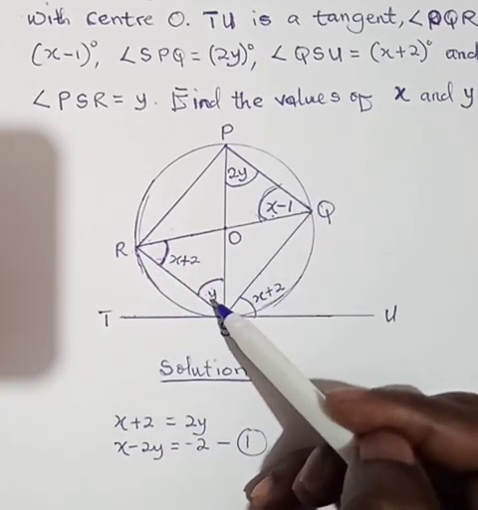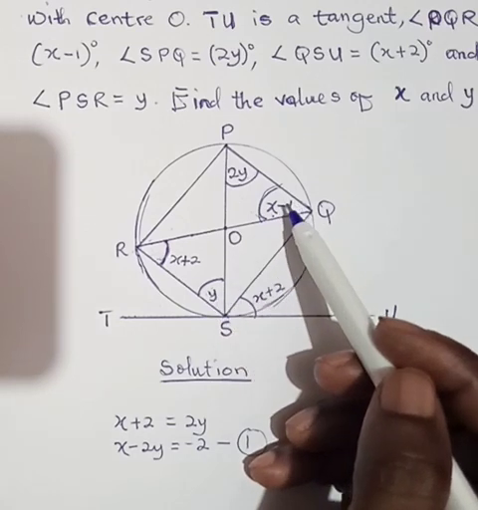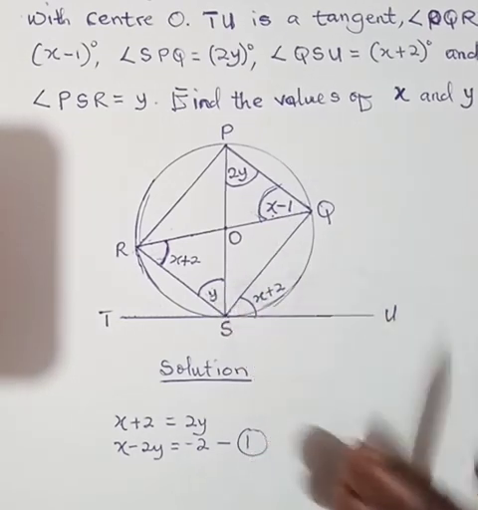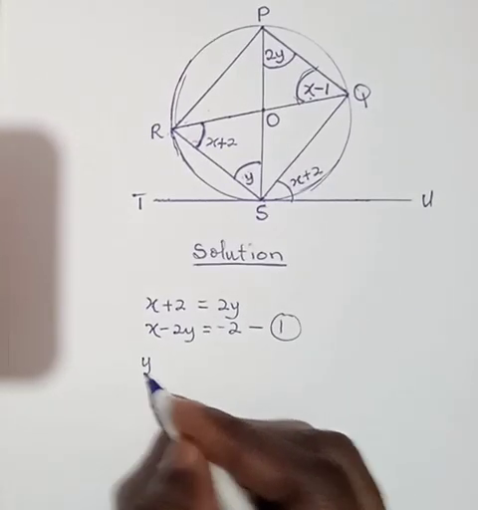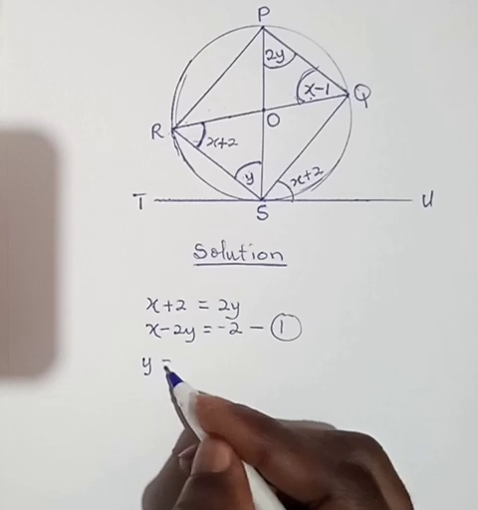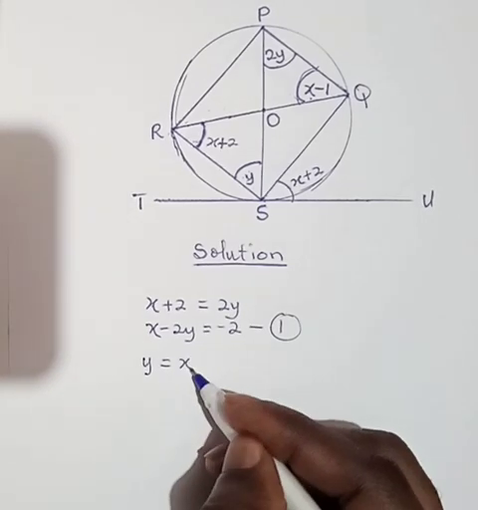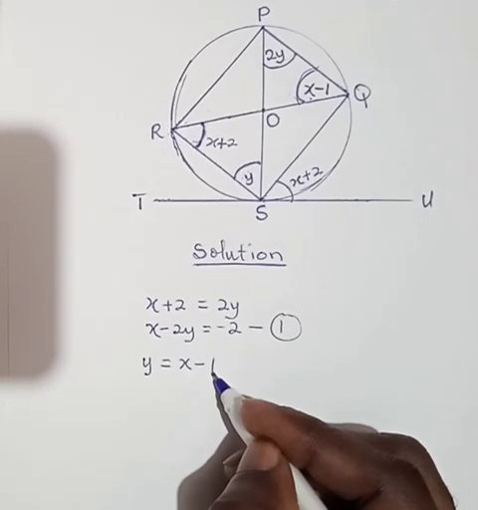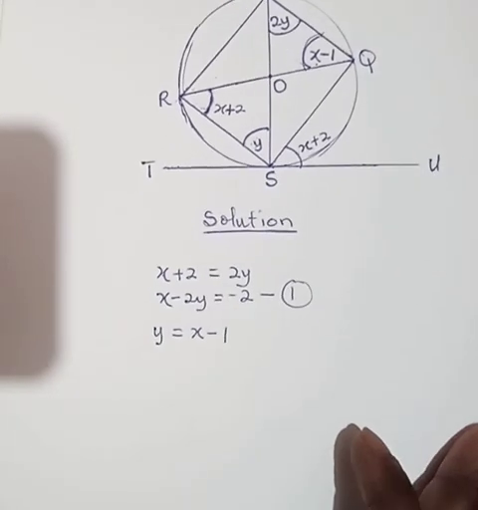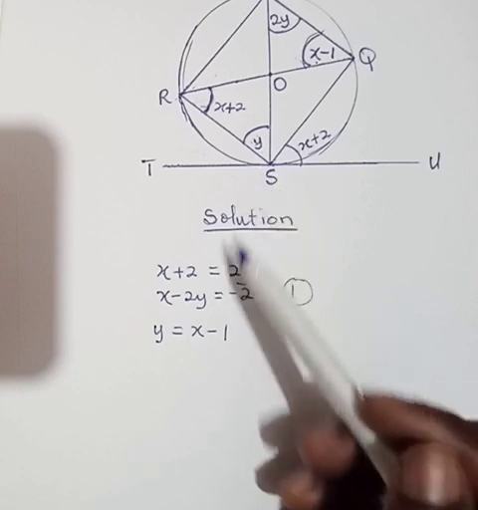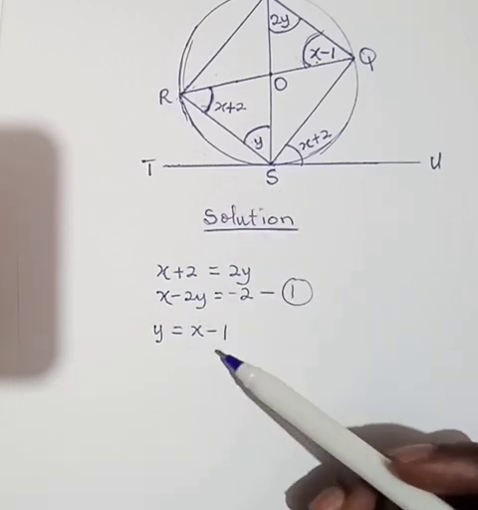Have you gotten that? So since that property also holds, then we can conclude that y is equal to x minus 1. Yes, so we are using the properties in the circle theorem to find the values of x and y.